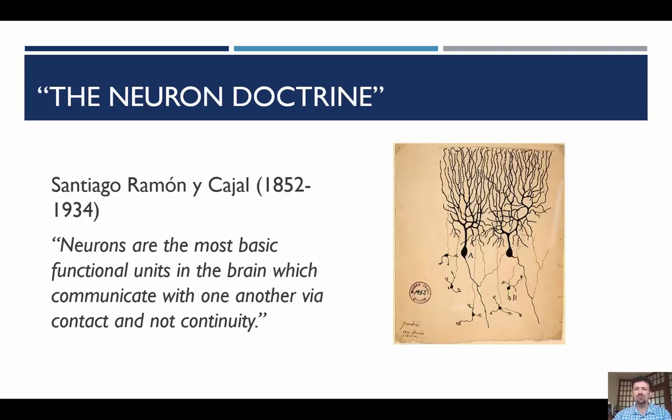Now, the first person who really started to describe neurons for us was a Spanish anatomist, Ramon y Cajal. And he made this statement. He said, neurons are the most basic functional unit in the brain, which communicate with one another via contact and not continuity. He began to understand from very early on that neurons are not all connected to each other, but they speak to each other at spaces which we now call synapses.